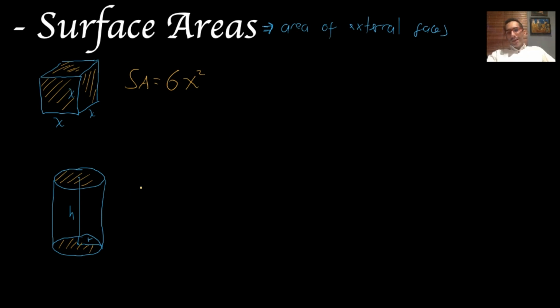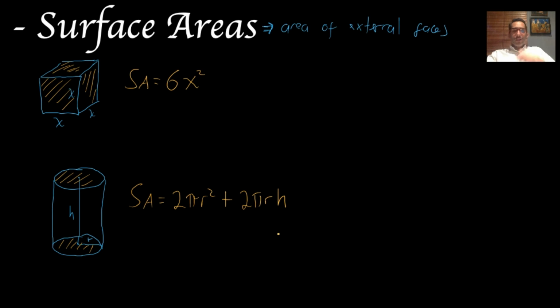If we see it like that, the surface area of a cylinder will be equal to, again, the areas of these two circles. So it's equal to 2 pi r squared, that's the two areas of the circles, plus the area of the rectangle. The area of that rectangle will be equal to 2 pi r times h, that will be the height of the cylinder.